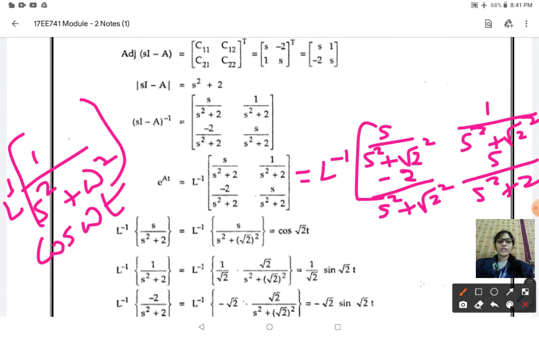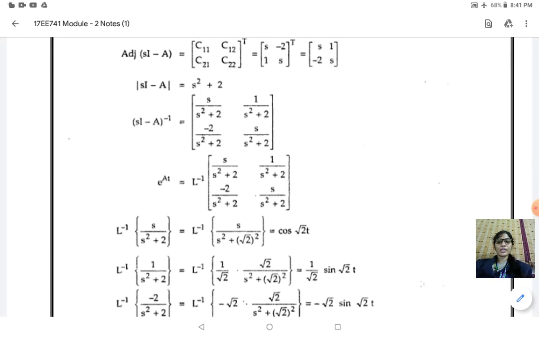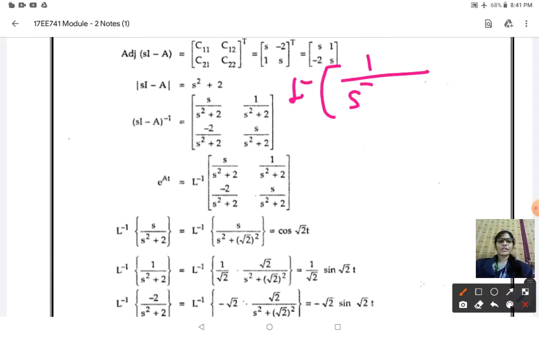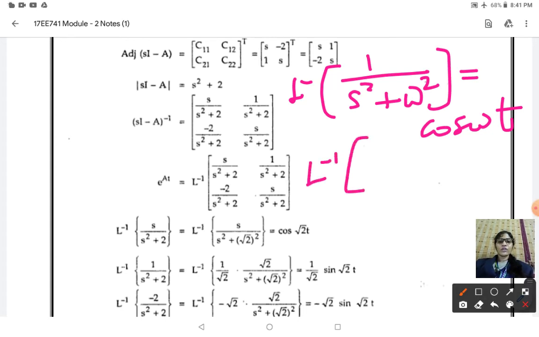Suppose you are writing it as the formula to identify your Laplace inverse: Laplace inverse of 1 divided by s square plus omega square is equal to cos omega t. Same thing, if you have Laplace inverse of omega divided by s square plus omega square, you will get sin omega t.